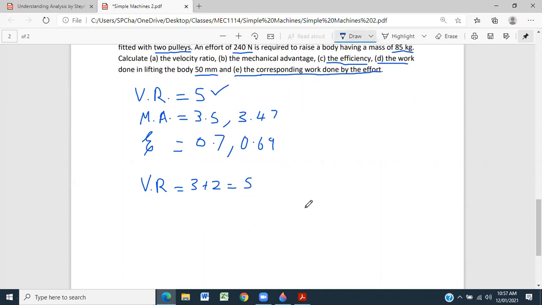So we know the formula for the mechanical advantage is equal to the load divided by the effort, which is equal to, and they gave us the values, right?